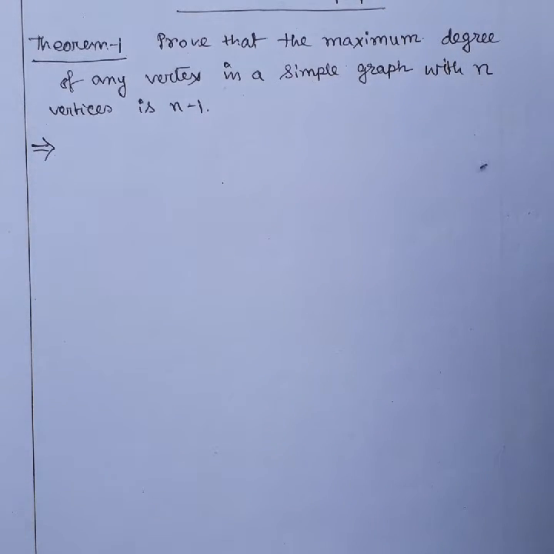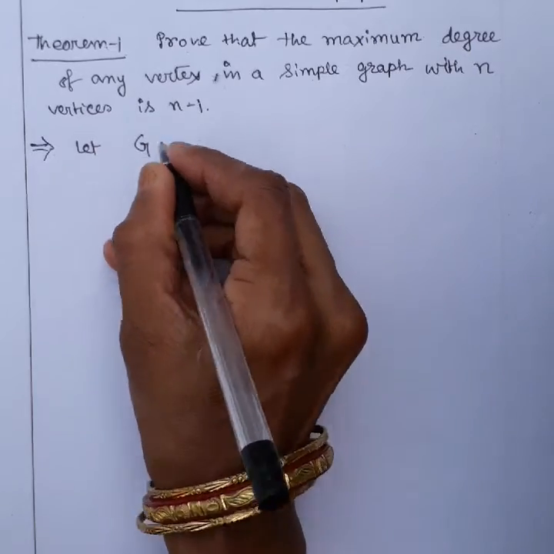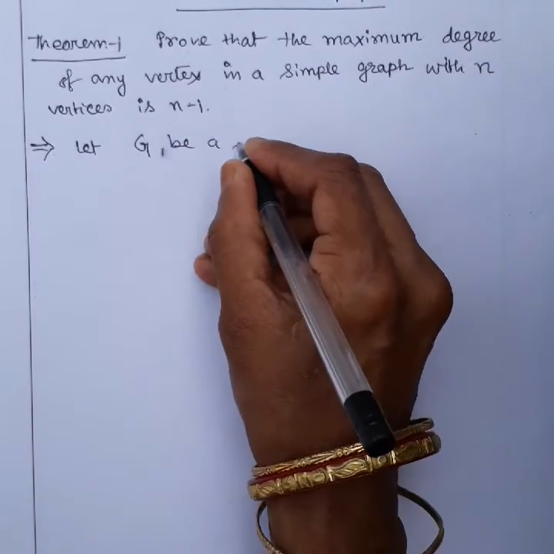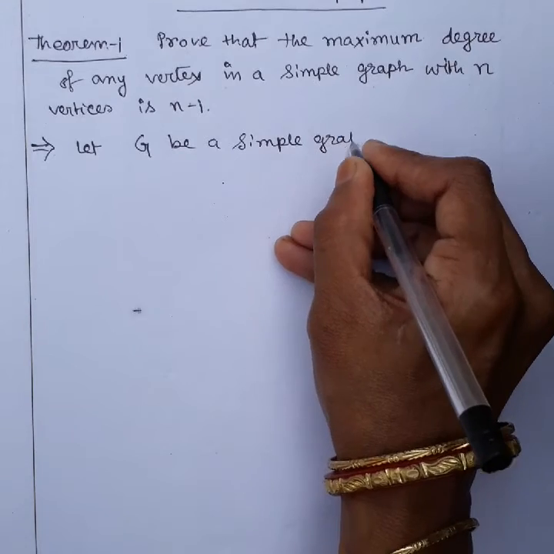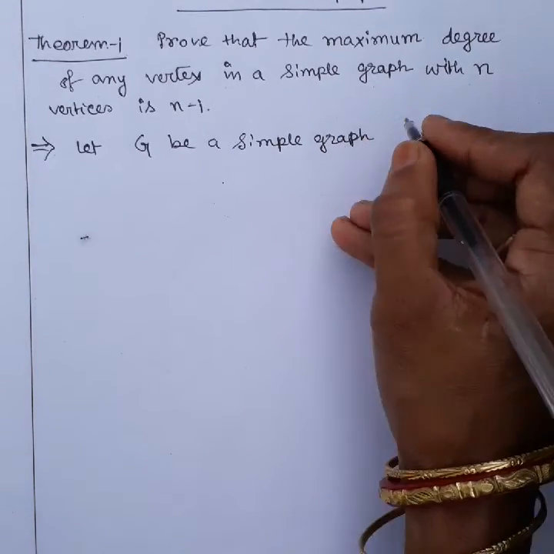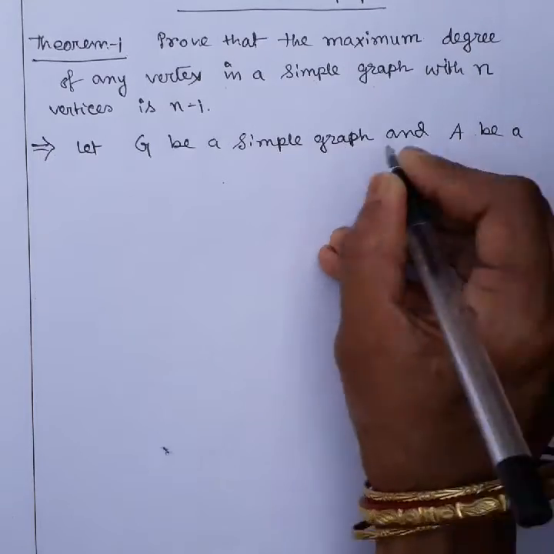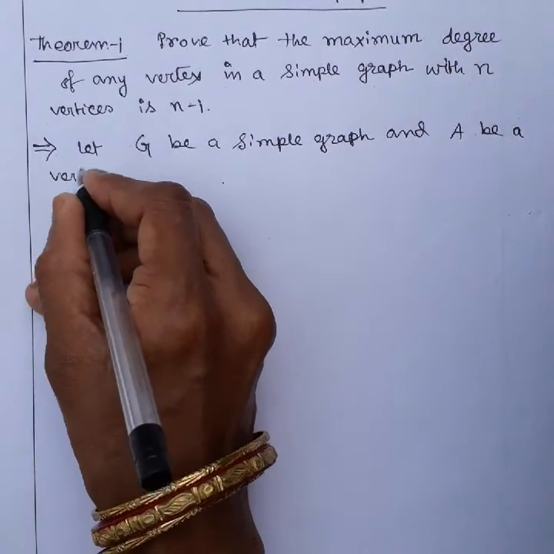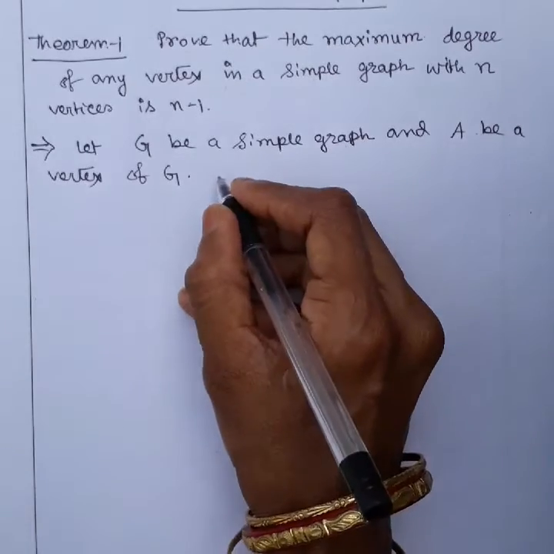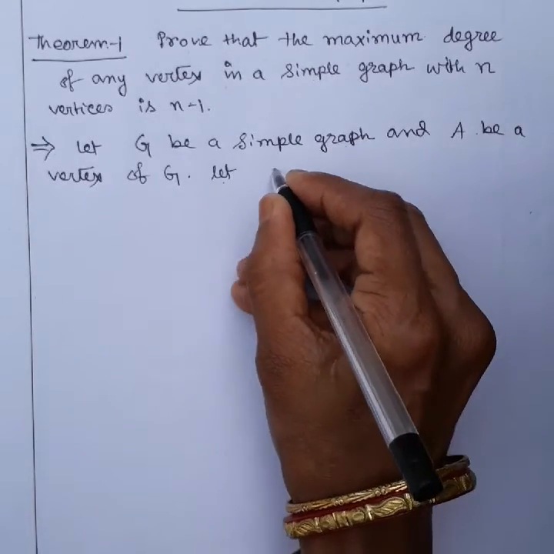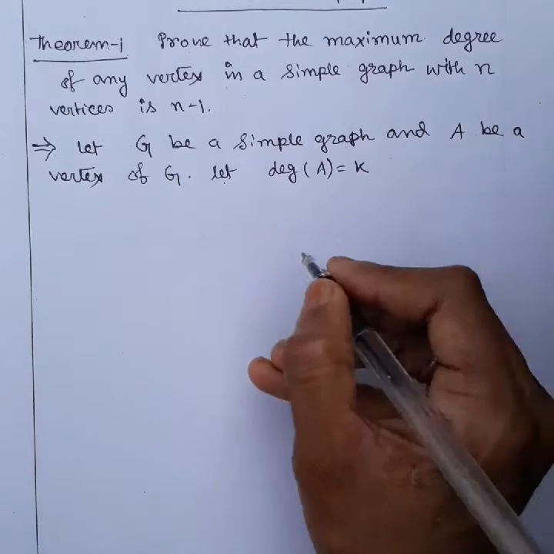First, let capital G be a simple graph, and capital A be a vertex of G. Let the degree of A be equal to k.